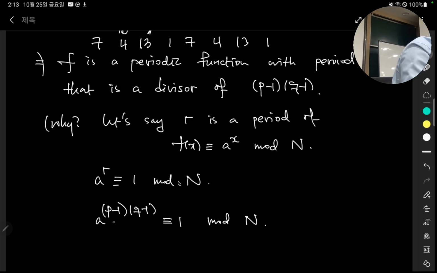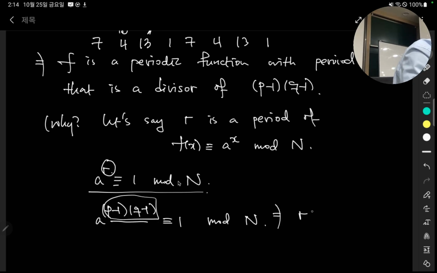So this p minus 1, q minus 1 is the largest exponent satisfying this equation. So if r satisfies this, r must be a multiple of this number. So r must divide this integer. Okay.